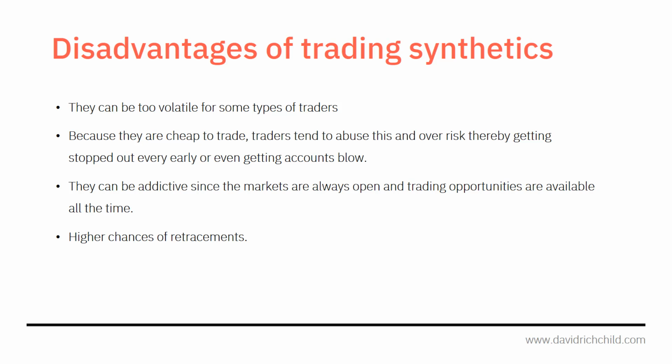Most of the trader accounts trading synthetic indices are blown because people see that trading synthetic indices is very cheap, so they place more and more trades because they can. But they only find out that the volatility of those markets is moving very fast as well, so they get stopped out very quickly. So that is one of the disadvantages.